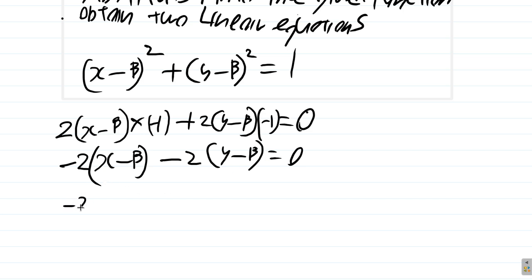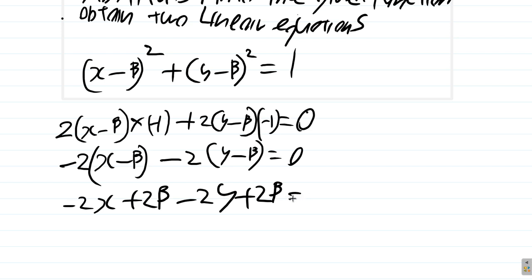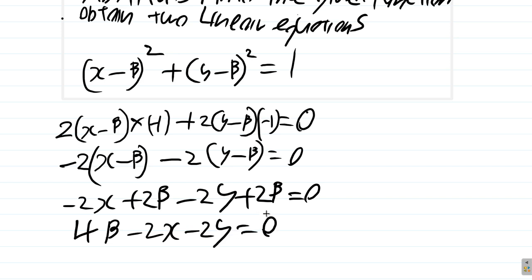So this is going to be negative 2x plus 2 beta minus 2y plus 2 beta equals 0. So what's going to happen here now? 2 beta plus 2 beta is 4 beta minus 2x minus 2y equals 0, right?